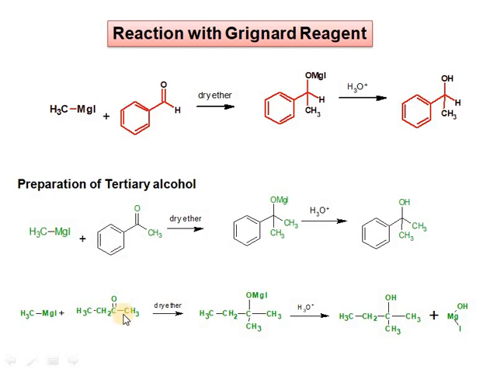This CH3 attacks the carbonyl carbon and forms a negative charge on oxygen, so O minus MgI, this adduct. This adduct is an intermediate which on hydrolysis with water converts O minus to OH. This is the byproduct.